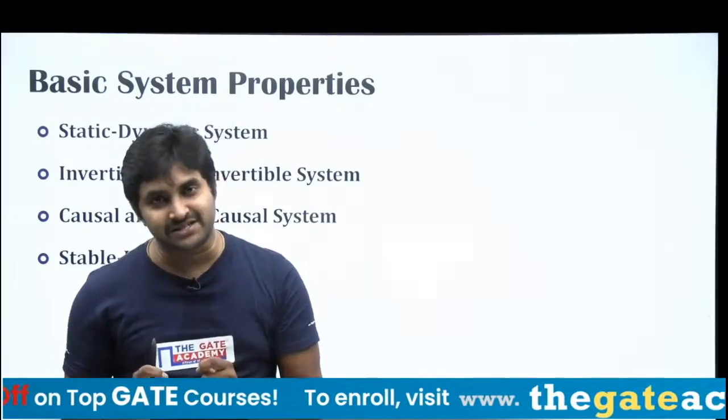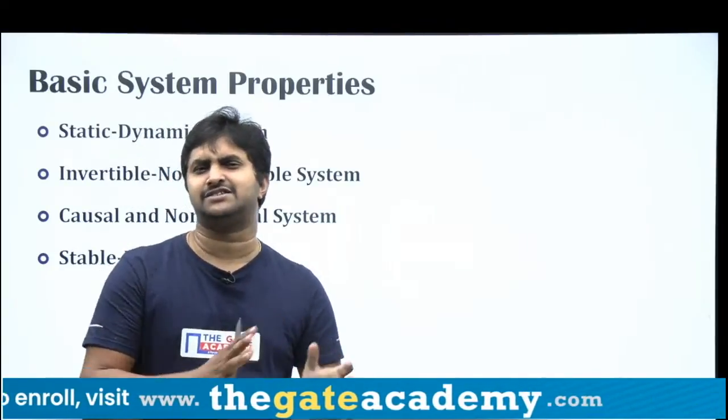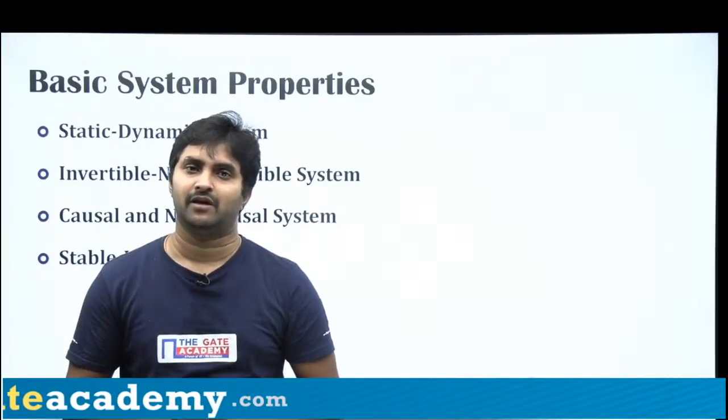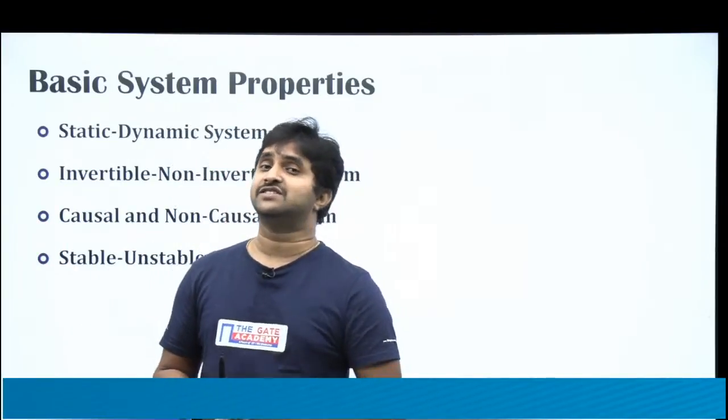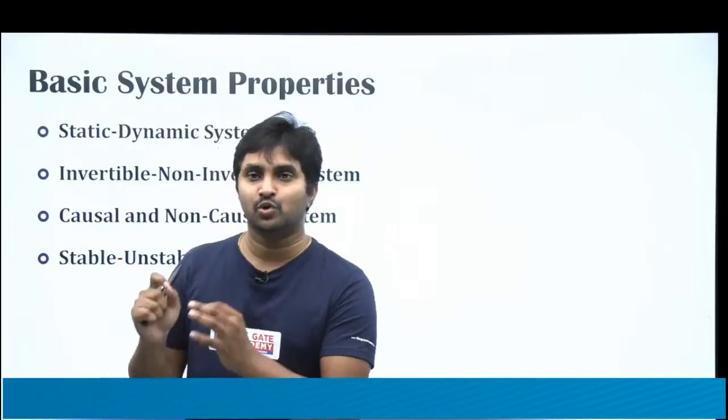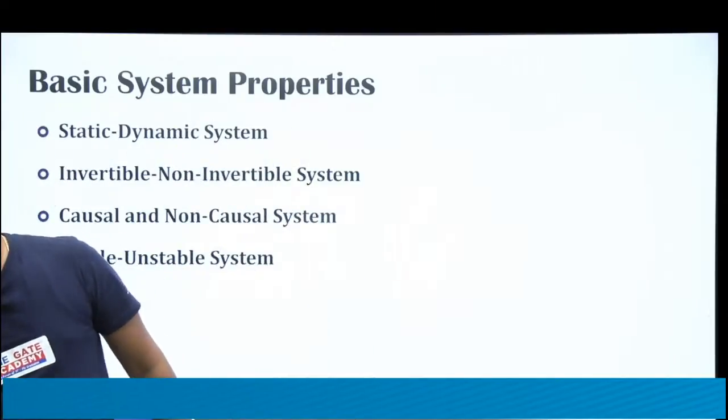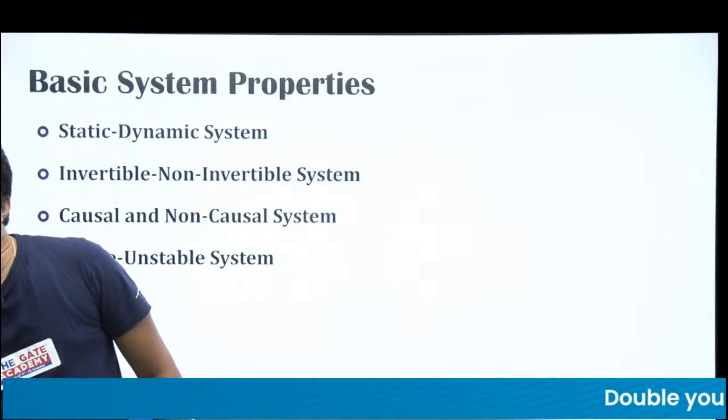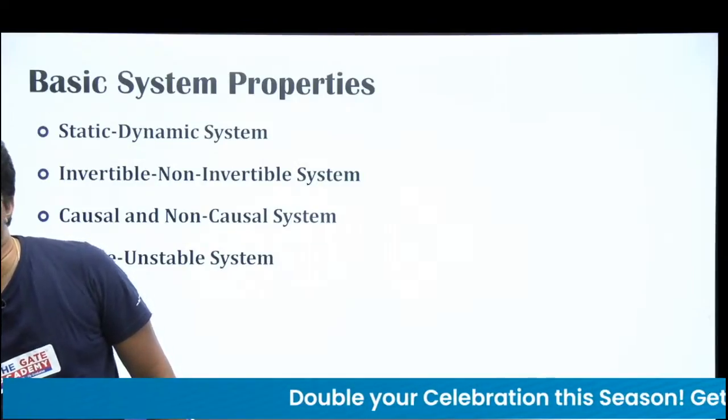On what basis do we classify the system as a static system and a dynamic system? Who is going to respond? Can I have the responses? On what basis do we do this classification? Come on, yaar. This is a very basic question.